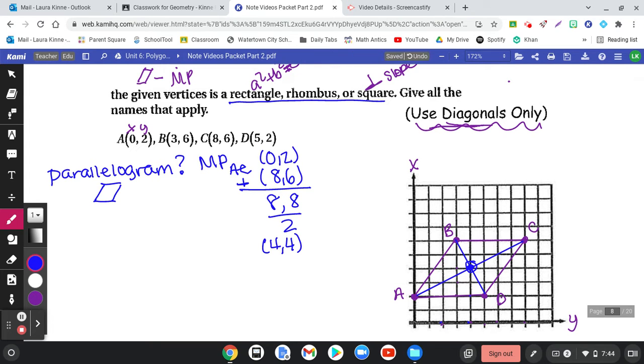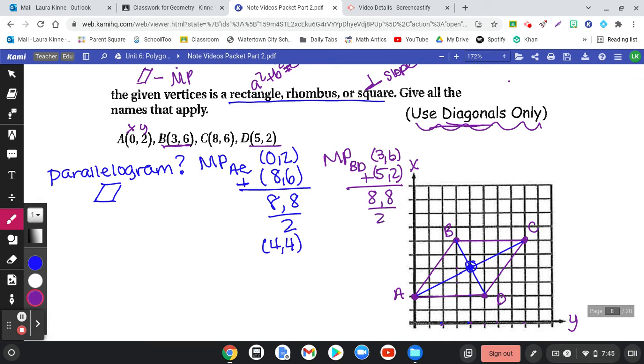All right, so now do the same thing for the midpoint of your other diagonal. Again, I can't just say that's what it is. You want to show it, because sometimes it's a decimal or a fraction too. All right, so the midpoint of BD now, B is 3, 6. I'm getting these from right here. D is 5, 2. So 3 and 5 is 8, 6 and 2 is 8.